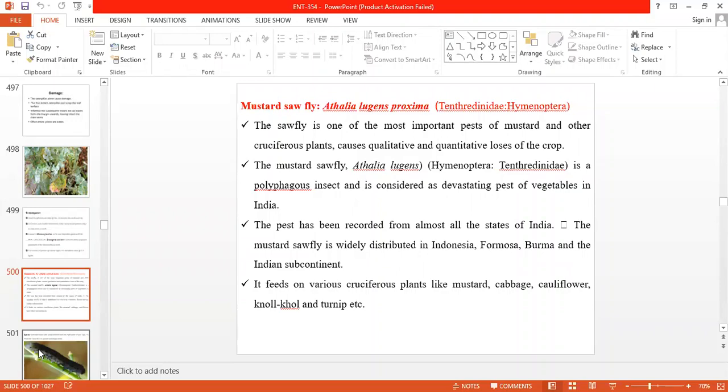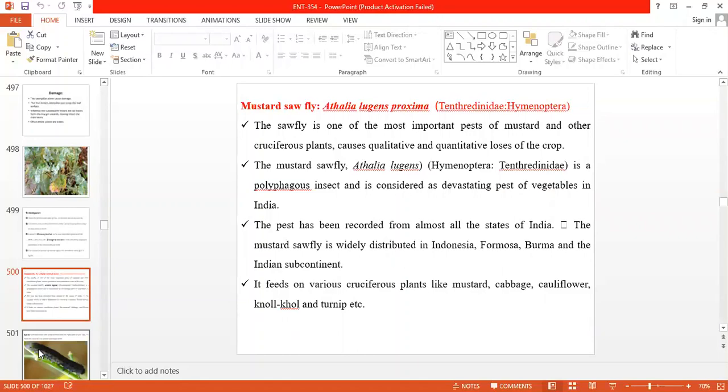It is the only harmful pest belonging to order Hymenoptera, and all other insects belonging to order Hymenoptera are beneficial or helpful to human beings. This is the only insect of the Hymenoptera order which causes economic damage to crops: mustard sawfly, Athalia lugens proxima.